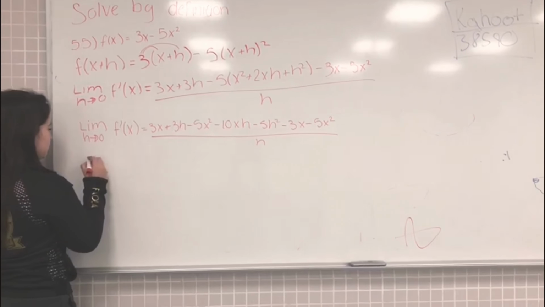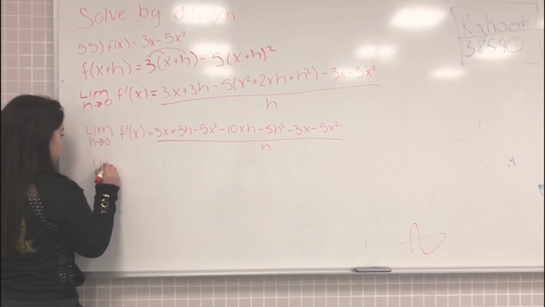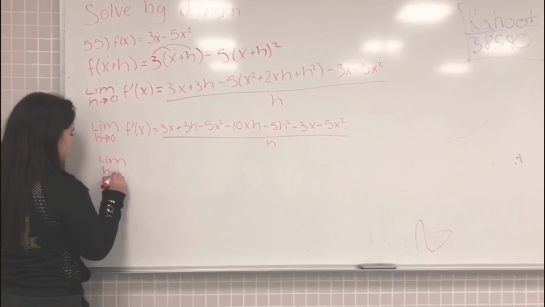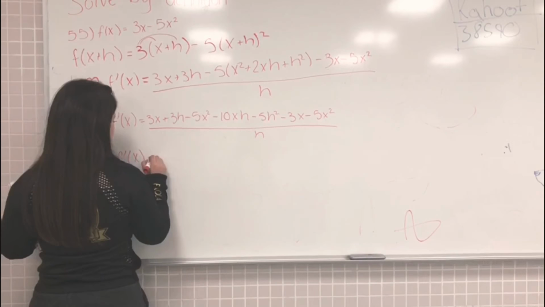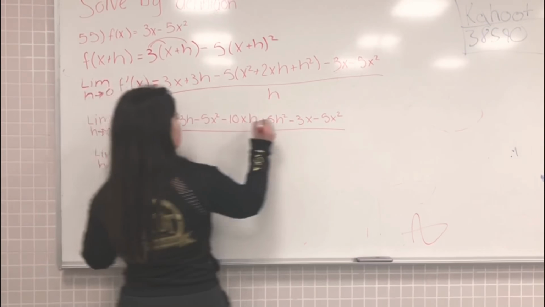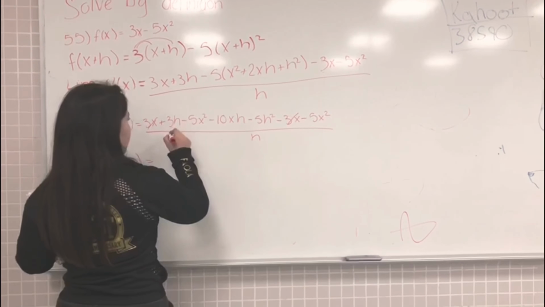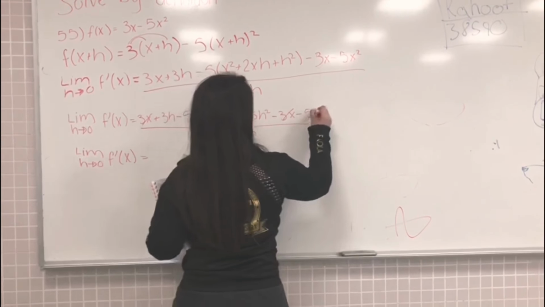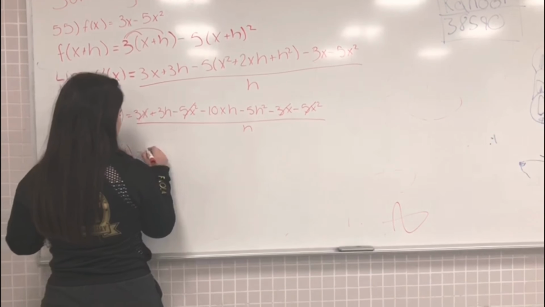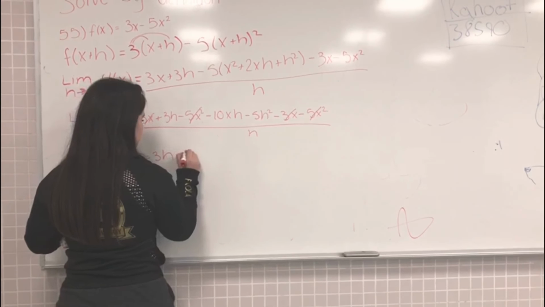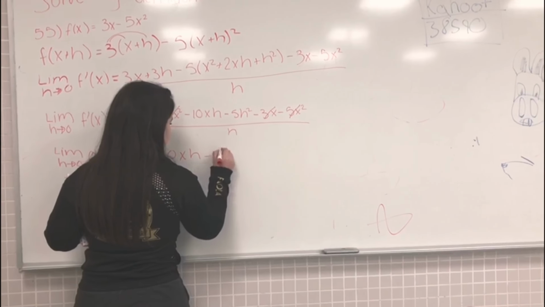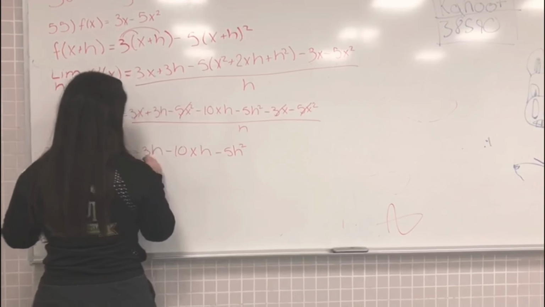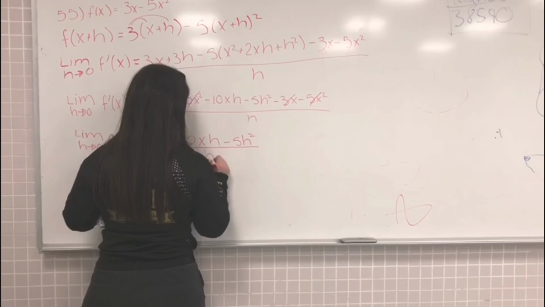Now we're going to start canceling some terms. We're going to cancel 3x with 3x and 5x squared with 5x squared, so we will have 3h minus 10xh minus 5h squared, all of it divided by h.